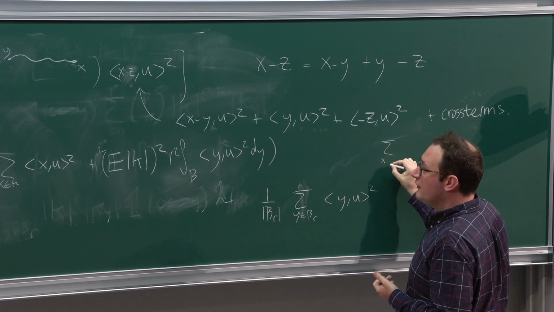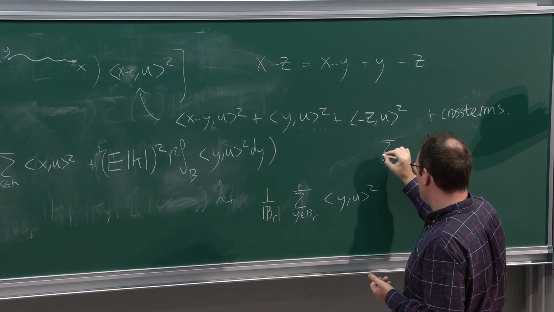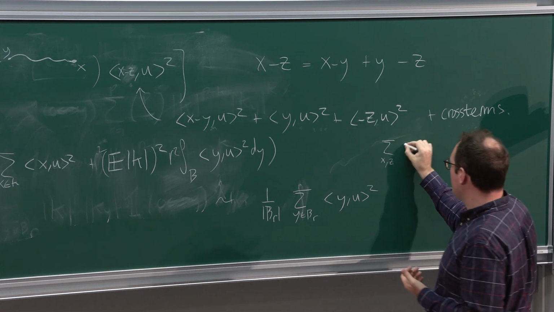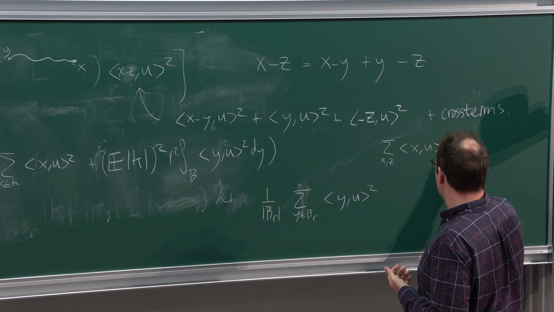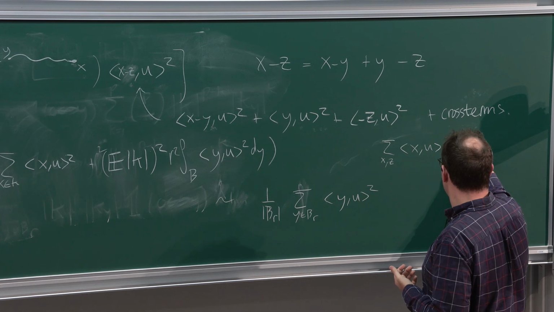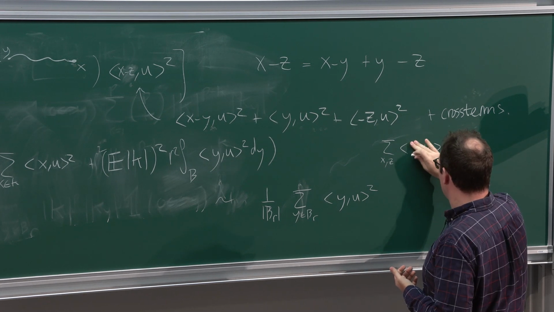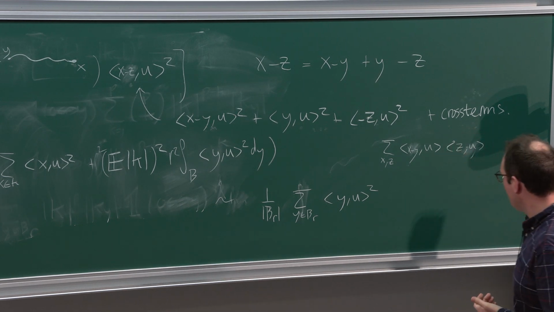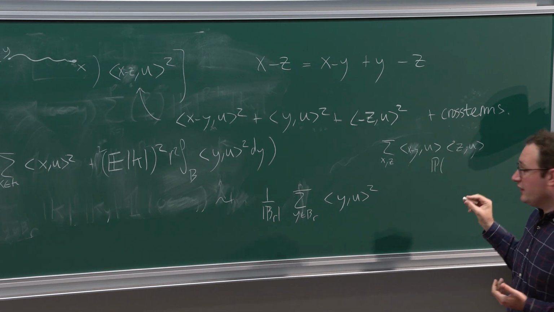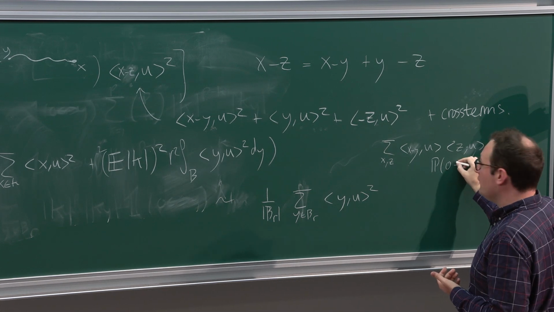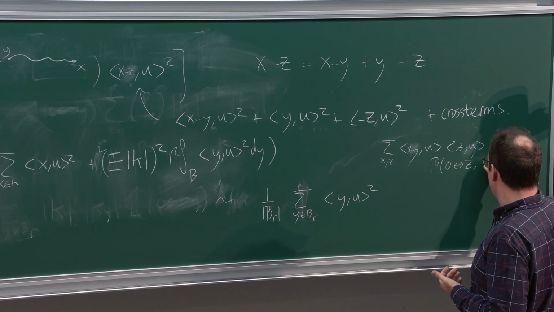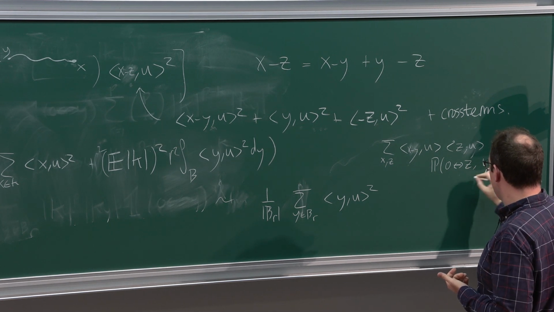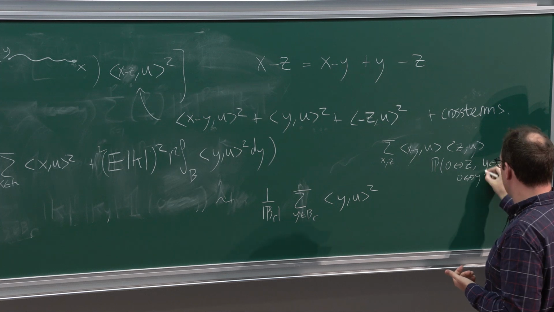In terms of the cross terms, when you look at these cross terms, you might have this sum over x and z, and let's say you fix y in the ball, and you're looking at x minus y, z, right? And then you're multiplying by the probability that the origin is connected to z and y is connected to x, and the origin is not connected to y.